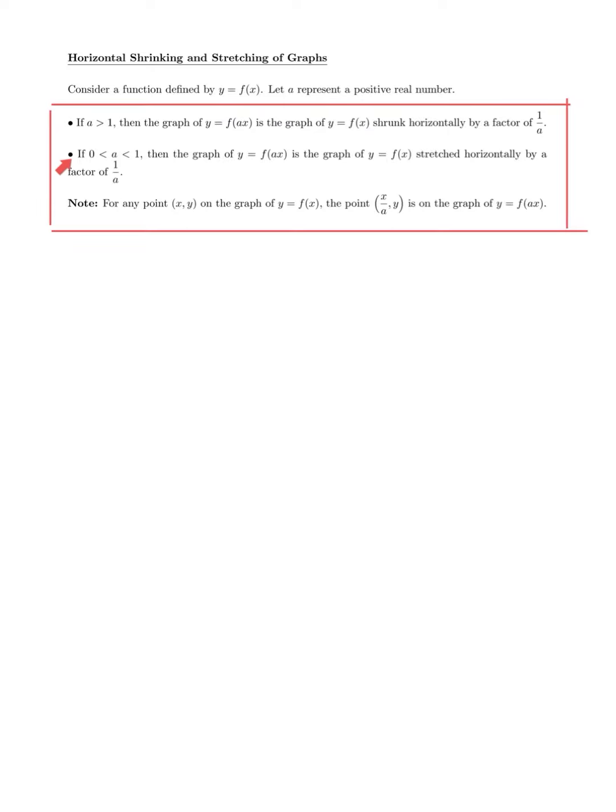And number 2, if a is strictly between 0 and 1, then the graph of y equals f of ax is the graph of y equals f of x stretched horizontally by a factor of 1 over a. Now, here's a very good thing to know. Please note, for any point x comma y on the graph of y equals f of x, the point x over a comma y is also on the graph of y equals f of ax.